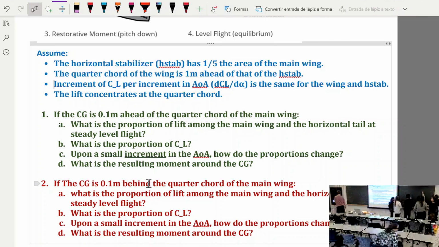Oh, okay. So does this ratio get closer to 0 or further away from 0? Further away, yes, right. So the ratio of lift is equal to the ratio of CL times the ratio of area. Yes, and if this gets further away from 0, how about this?